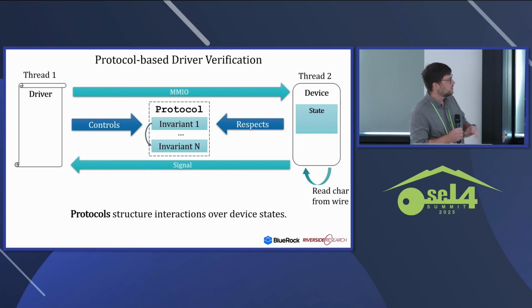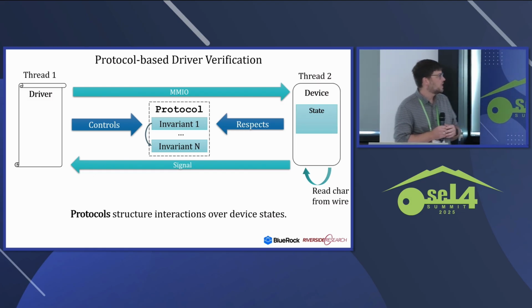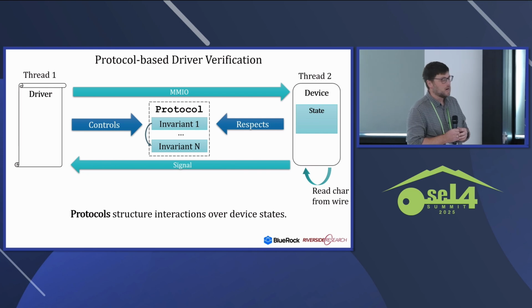As you can see on the right-hand side of this slide, devices can respond to things like MMIO operations, but they can also take steps independently of the driver. So a UART could read a character from a wire, which is something the driver didn't ask it to do, but it will load that character into a FIFO to be read later, let's say.